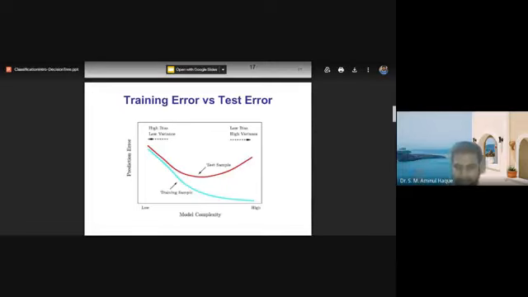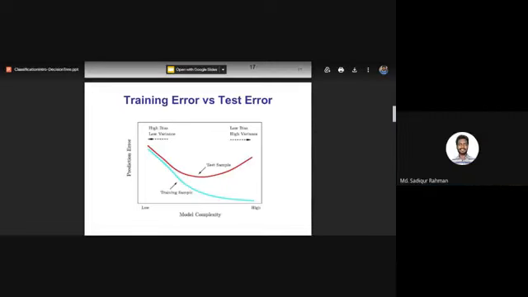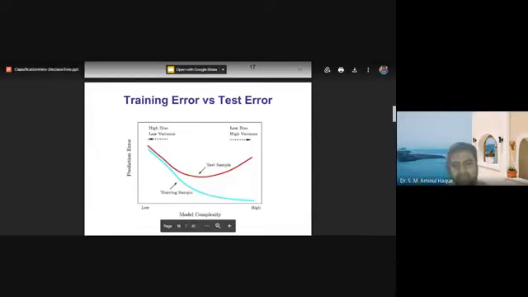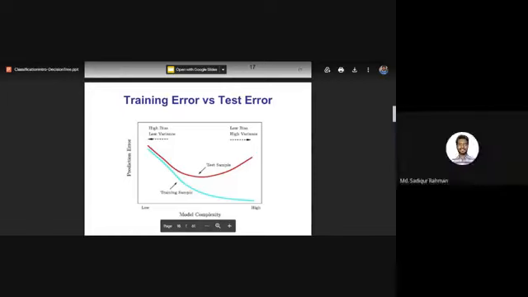Did you notice that? Yes, sir. Middle point. That means the model complexity should not be very low or very high. It should be somewhere in between. That's why we are generalizing. Got it? Yes, sir, got it.